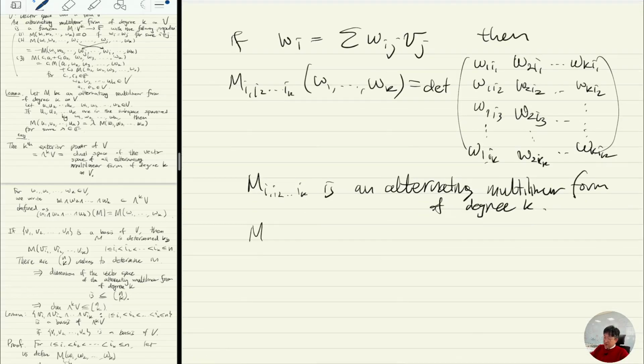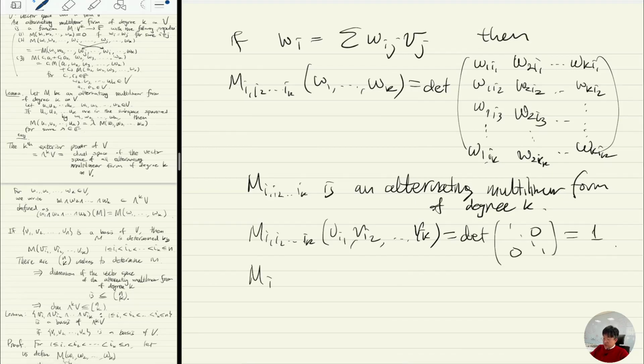And furthermore, this is the crucial property. If I put Vi1, Vi2, ..., Vik, then this is the determinant of the identity matrix, so that's 1.